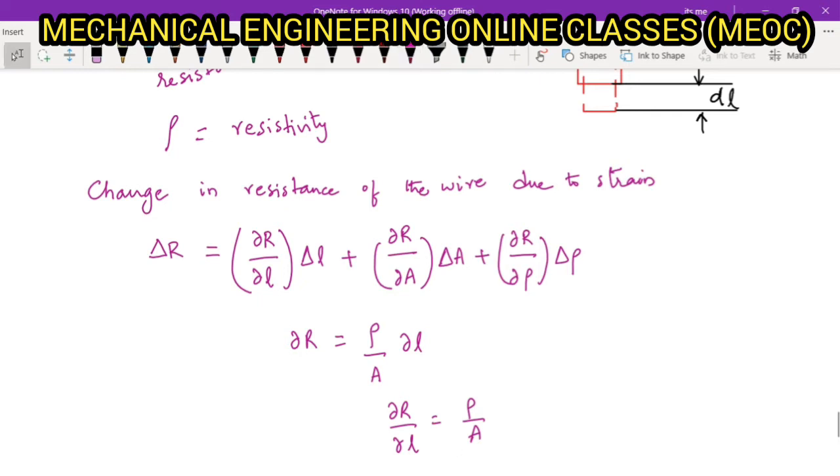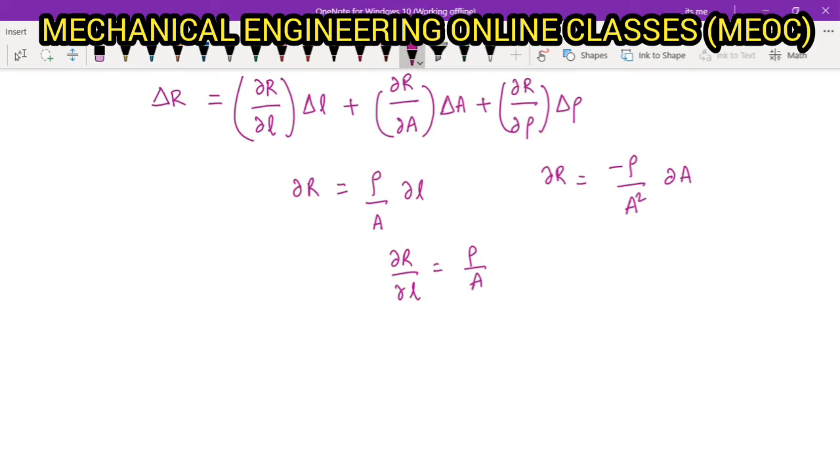Similarly, if I differentiate the same equation R is equal to rho L by A partially with respect to A, assuming that rho and L are constants, then I will get minus rho by A square into dou A, because it is 1 by A, into L. So dou R by dou A will be minus rho L by A square.